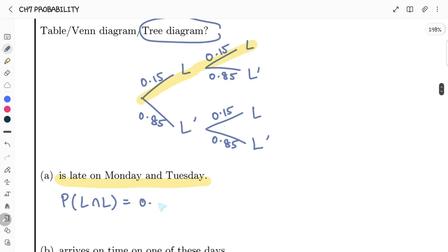Then 0.15 times 0.15. You multiply along branches. You get 0.0225.